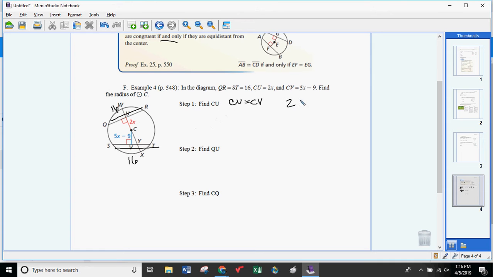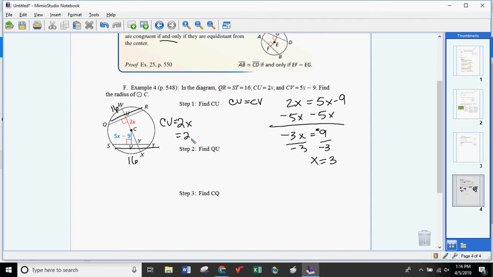So I'm going to set 2x equal to 5x minus 9. Subtract 5x from both sides. Divide both sides by -3. So x equals 3.